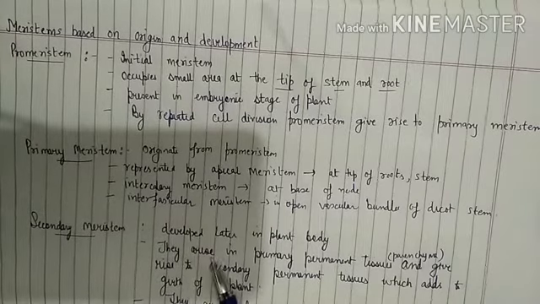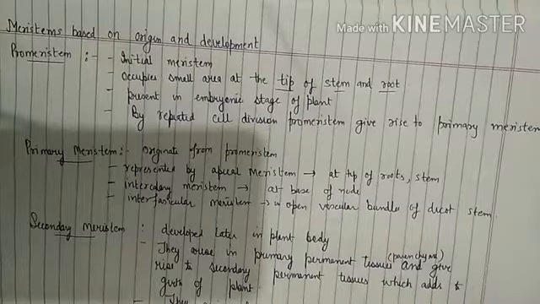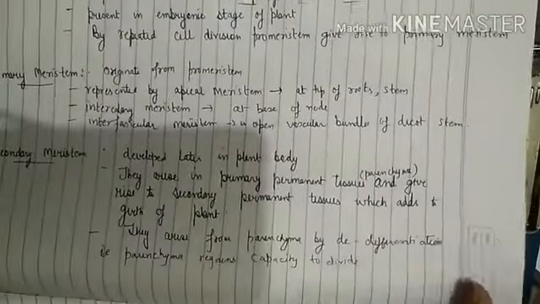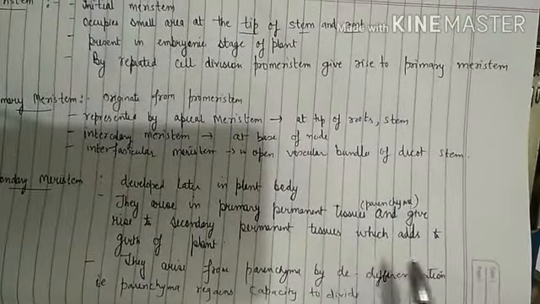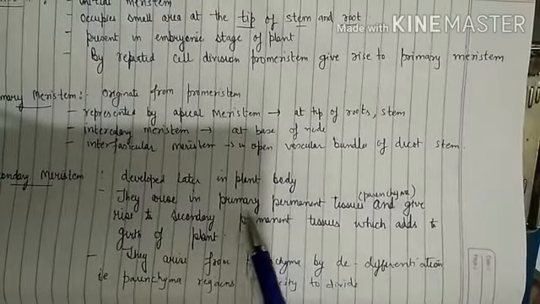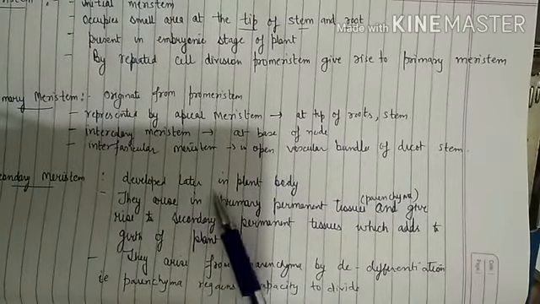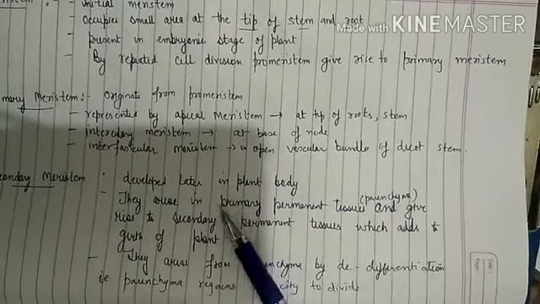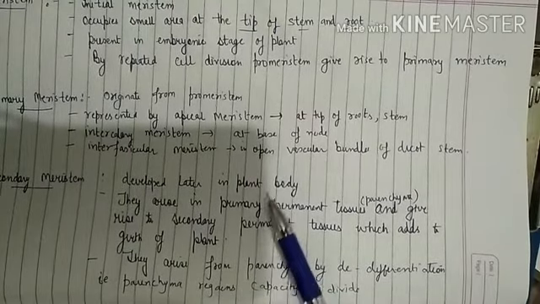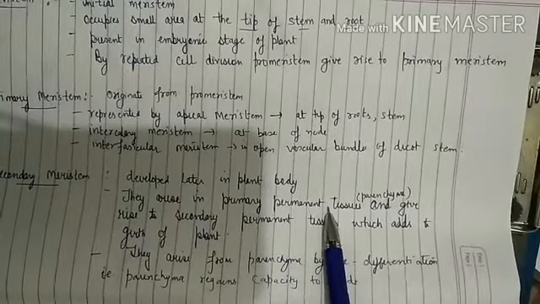Then secondary meristem, it develops later in the plant body and it arises from the primary permanent tissues. So the reason here is that why it is known as secondary meristem, it is because it develops later in the plant body, and from where it develops, now you are observing here, it develops from primary permanent tissues.